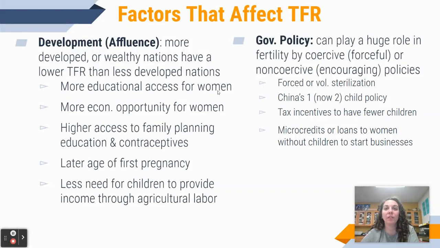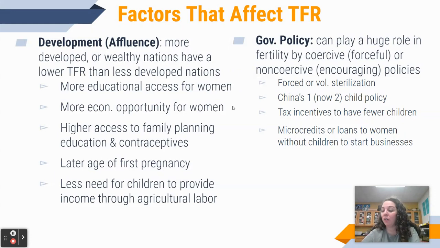Women are going to have more reproductive knowledge, which is going to lead to fewer unplanned pregnancies. Women with higher levels of education tend to have more economic opportunities. So maybe they own a business or work a very demanding job, so they're less likely to marry early in life for financial stability from a man.